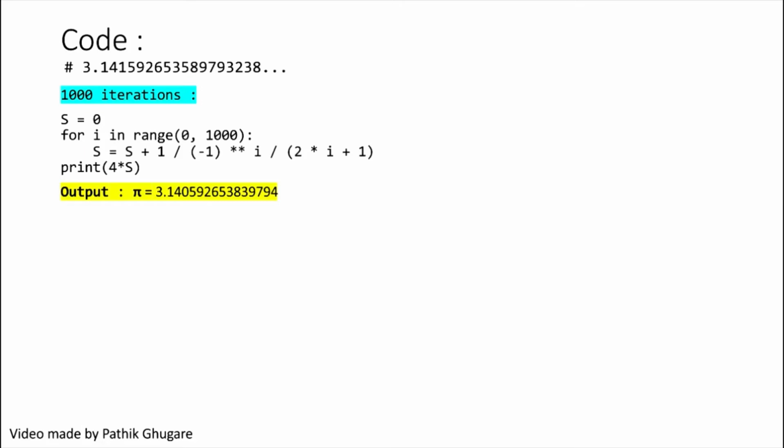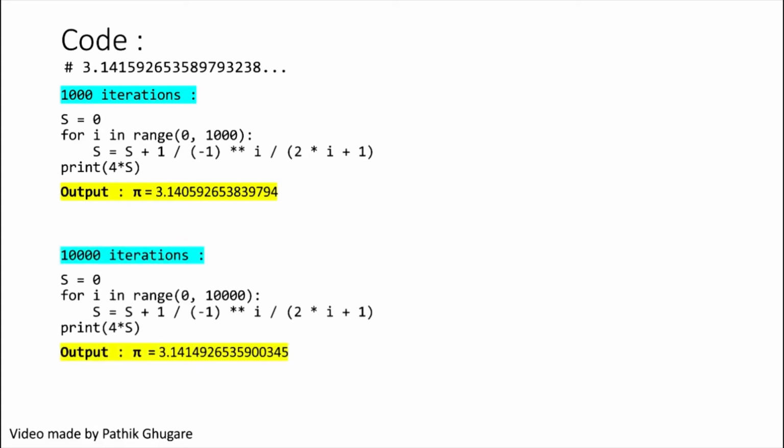So after doing this for 1000 iterations, we will output this value of pi equal to 4 multiplied by S. As you can see that we get value of pi equal to 3.140 and so on. That is, we are getting approx value till 2 decimal places for 1000 iterations. Now for any other iterations coding part will be same, difference will come in for loop for number of iterations. So for 10,000 iterations we get value of pi equals to 3.141 and so on.